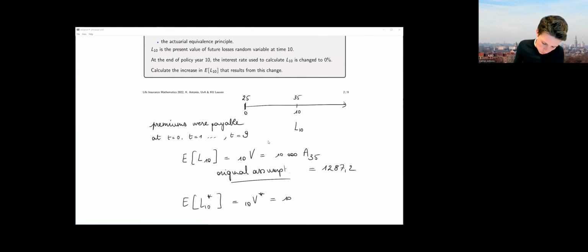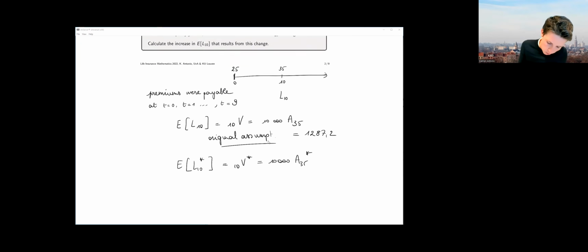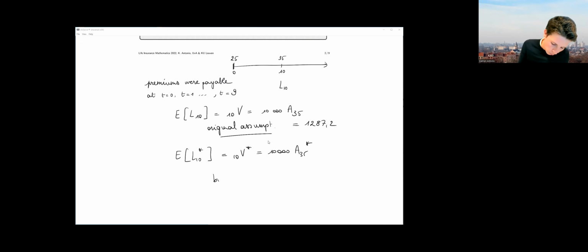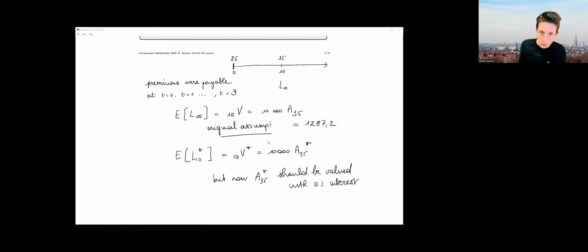I still need to look at the same construction or product, but now, of course, the A35 star should be valued with 0% interest. And if there is 0% interest, this A35 star is going to be as follows.